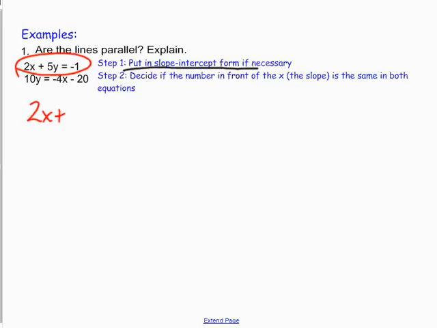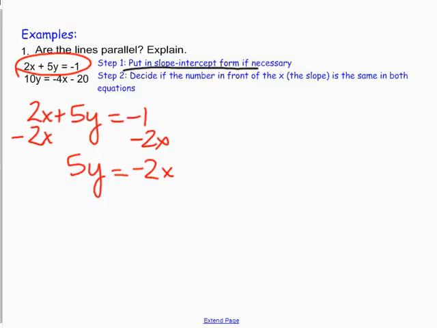2x plus 5y equals -1. So in order to get y on the left-hand side by itself, we need to take away 2x. So we have 5y equals -2x minus 1.